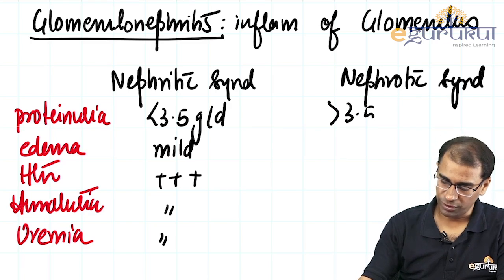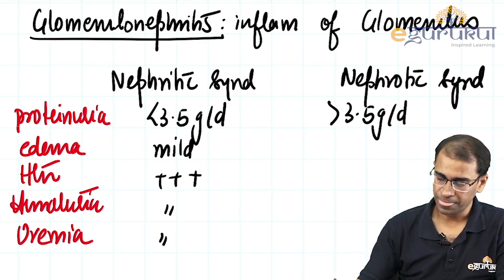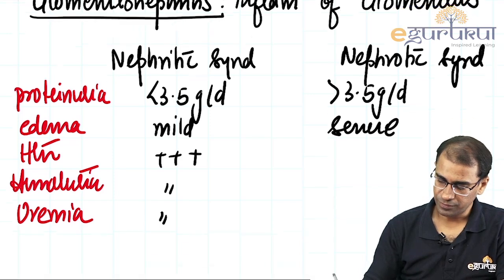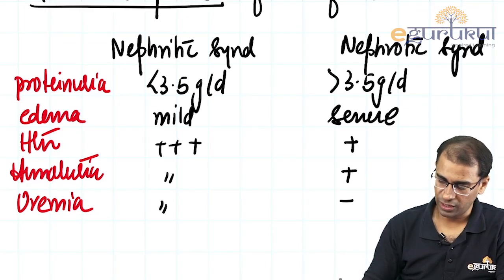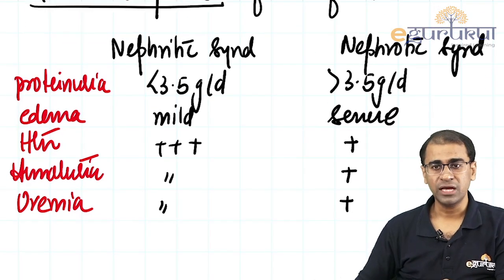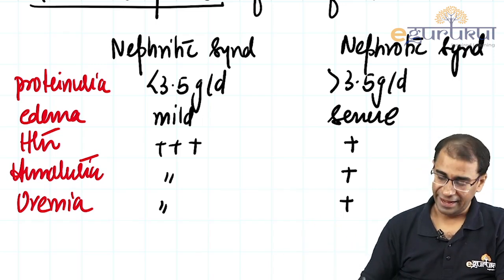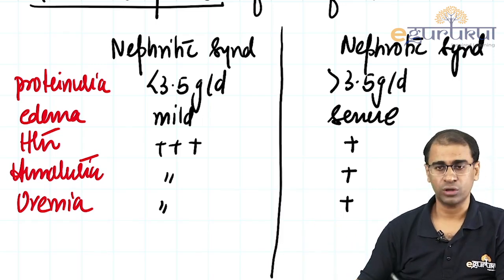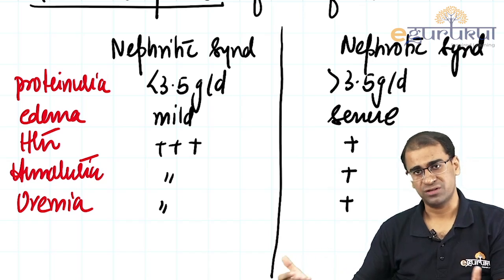Nephrotic has more than 3.5 grams per day with severe edema, mild hypertension, hematuria, and uremia. So these findings are a must to know. And then comes, what are the causes of nephritic and what are the causes of nephrotic.